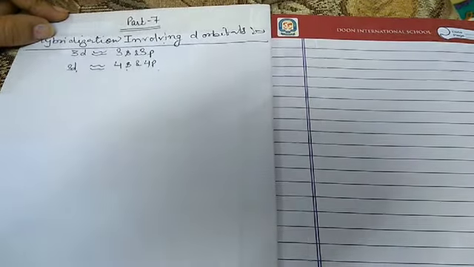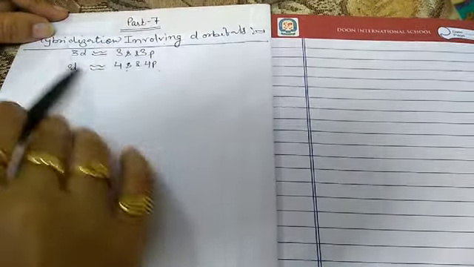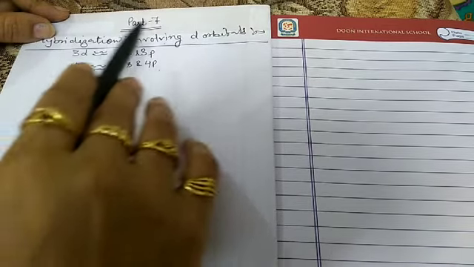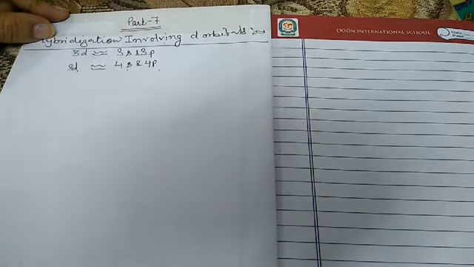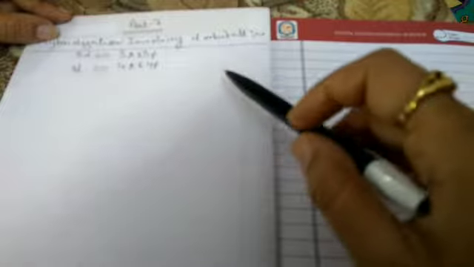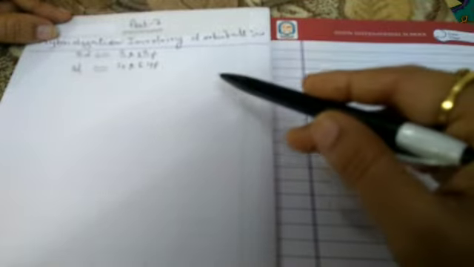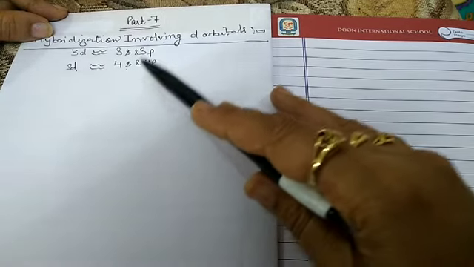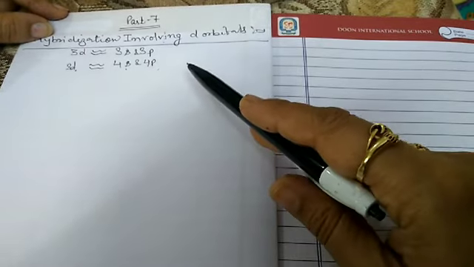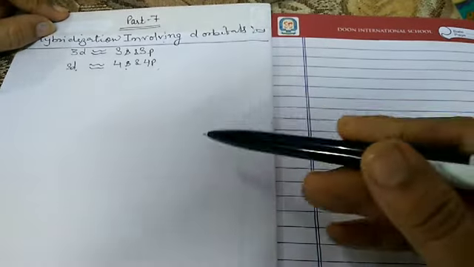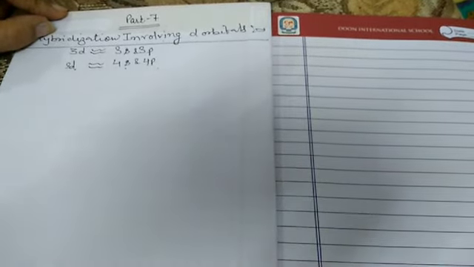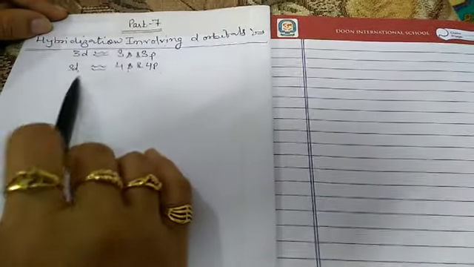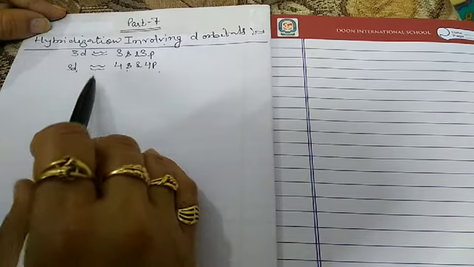So we have discussed the important hybridization schemes involving s, p and d orbitals. Right now we discuss the 3d orbital.